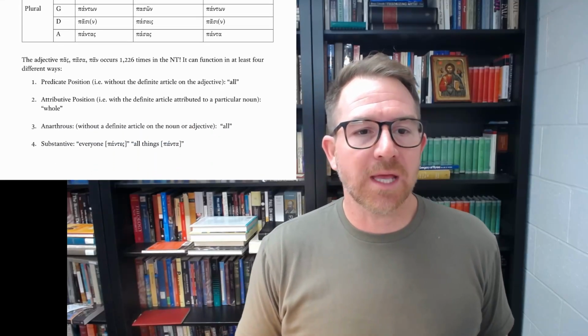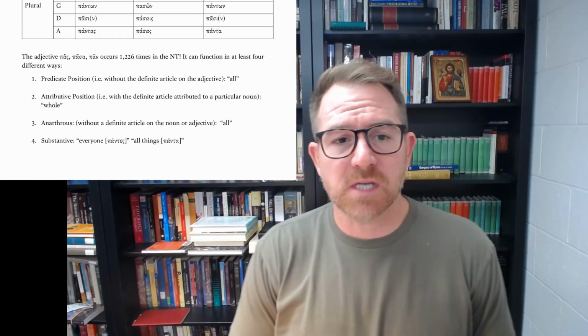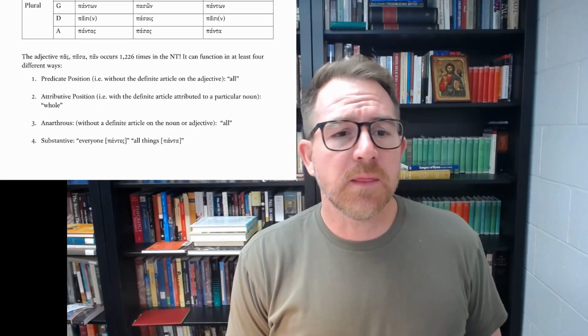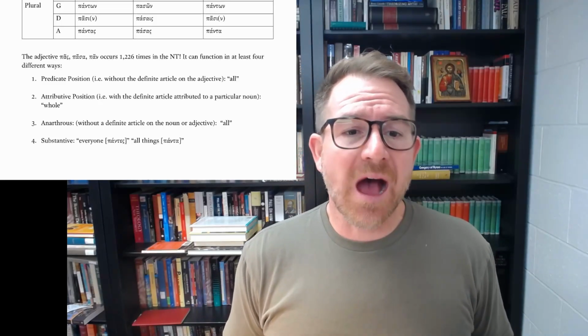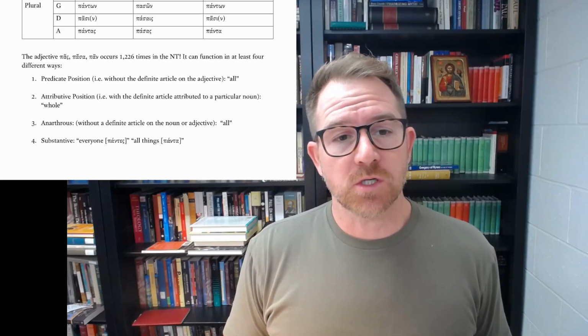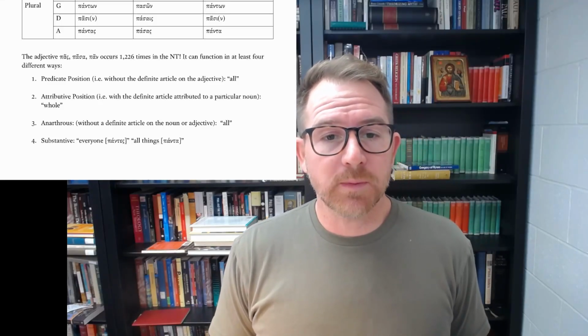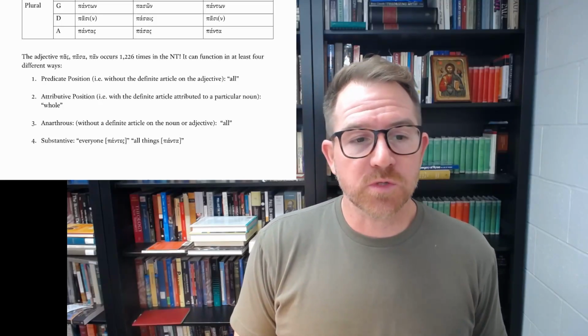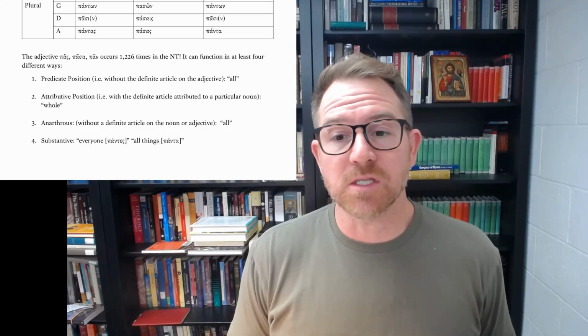So how do these work? Like adjectives, it occurs a little over 1,000 times in the New Testament, and it can function in 4 different ways. Number one, in the predicate position, that is without a definite article on the adjective, it can mean all. In the attributive position, that is with a definite article attributed to a particular noun, it's the whole. In the anarthrous position, so without a definite article on a noun or an adjective, it just means all.